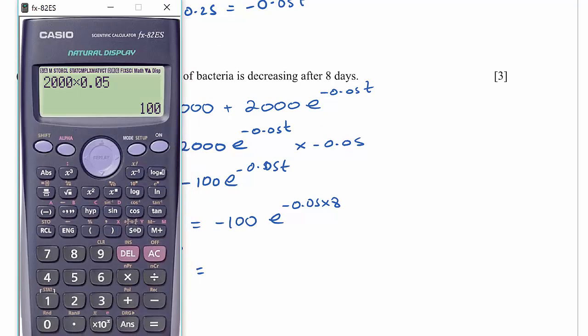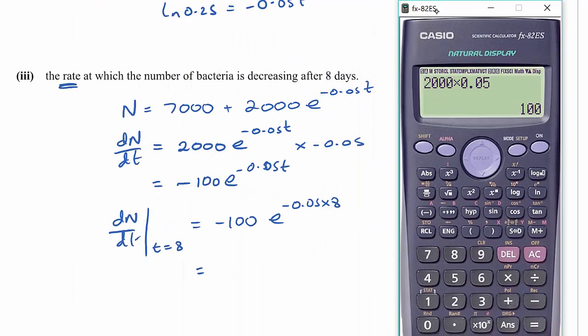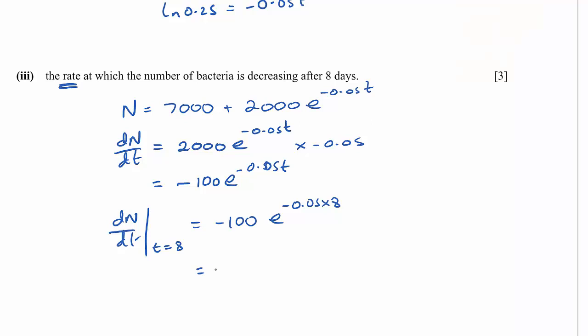So what have we got? Just do 100 multiplied by e to the negative 0.05 times 8, and that gives me negative 67, and that would be bacteria per day. And I've given that once again to 2 decimal places.